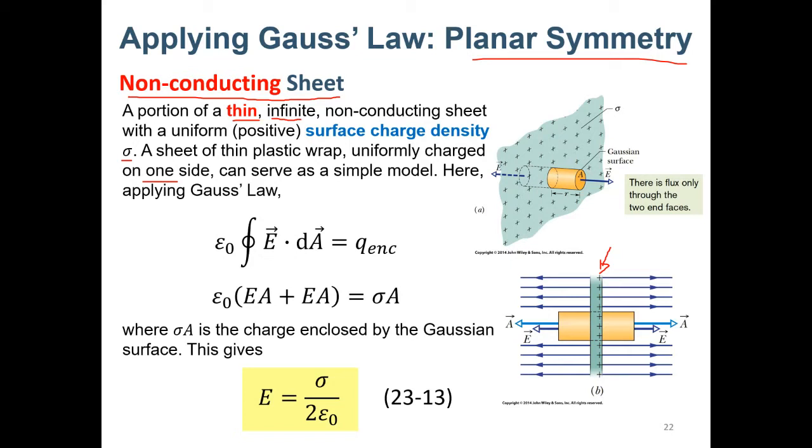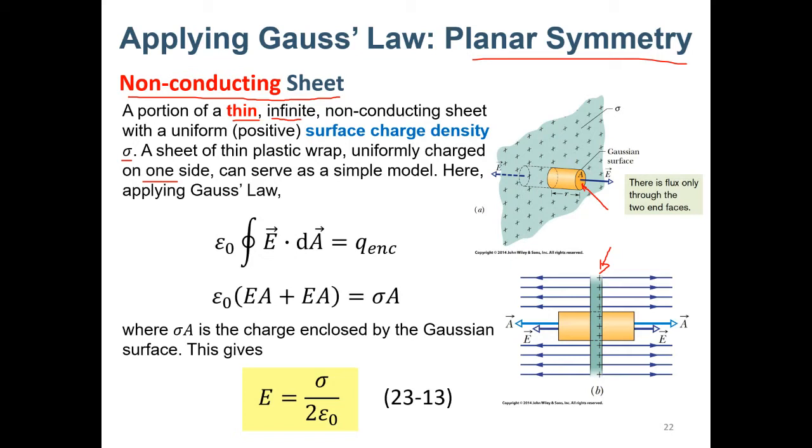The Gaussian surface is defined as a cylinder, similar to the previous case. So we have the cross section like this, a rectangle here, and the Q enclosed should be sigma times A, where A is the area of this circle.